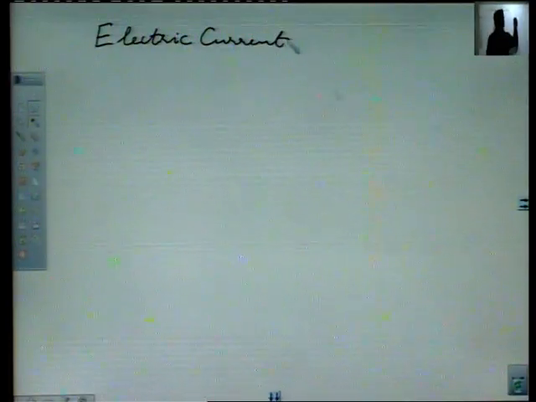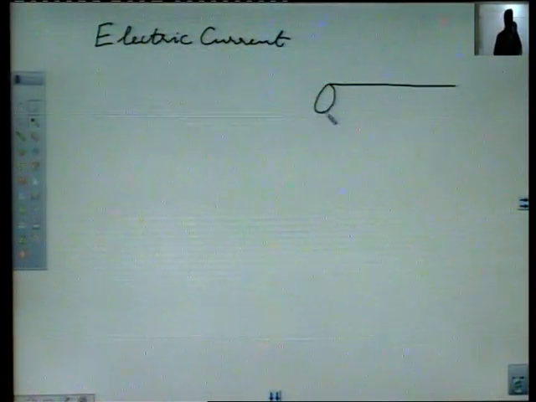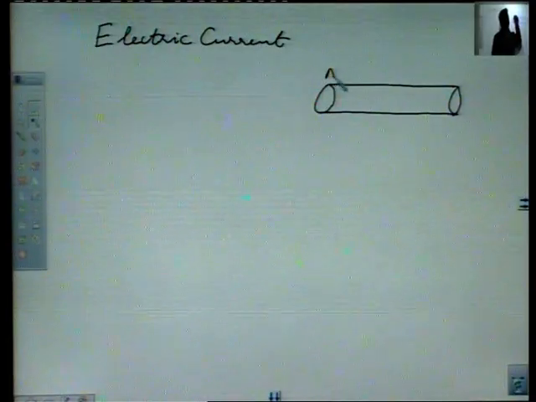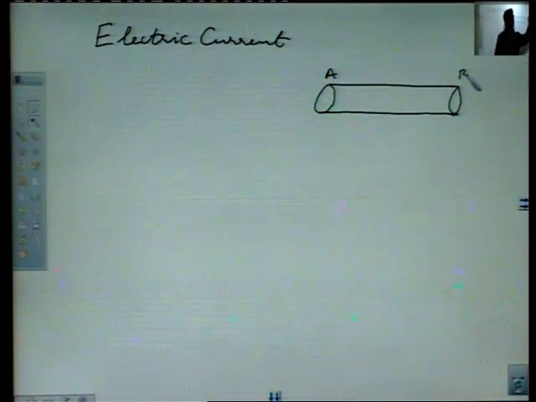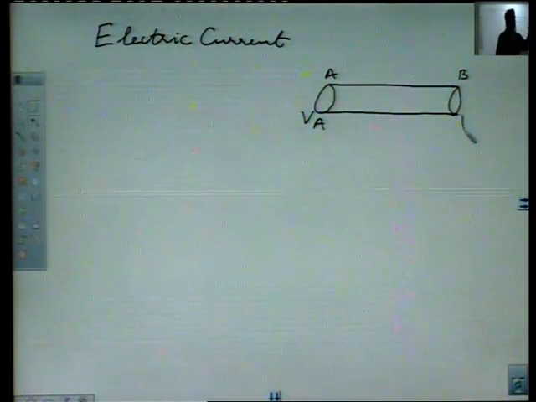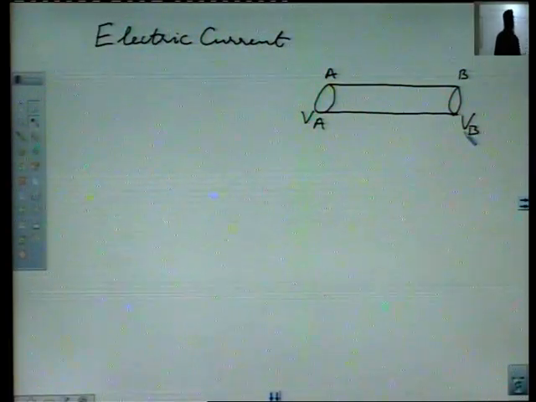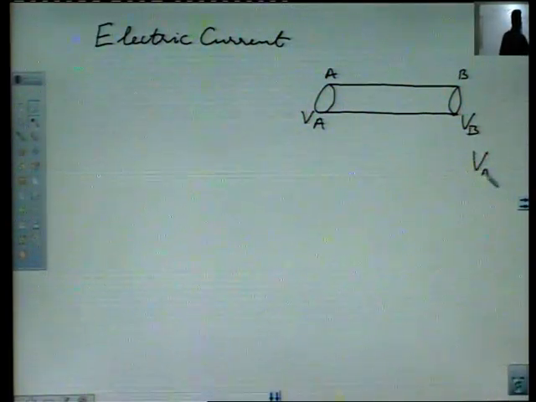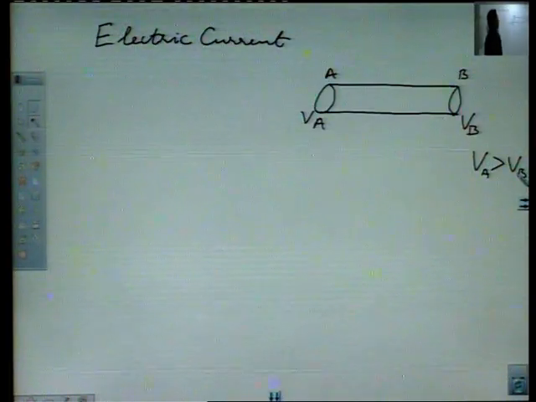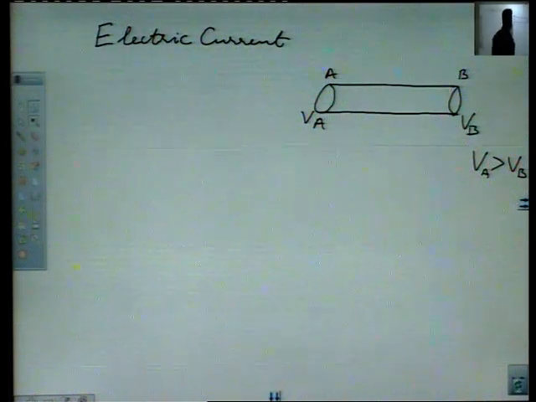Whenever ends of a conductor are placed at different potentials, suppose this is a conductor, this is end A of the conductor, this is end B of the conductor, and this end A is at potential VA and end B is at potential VB, such that VA is greater than VB. So, end A of the conductor is at higher potential and end B of the conductor is at lower potential.